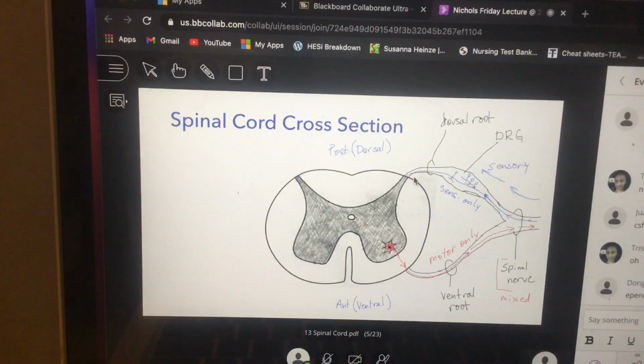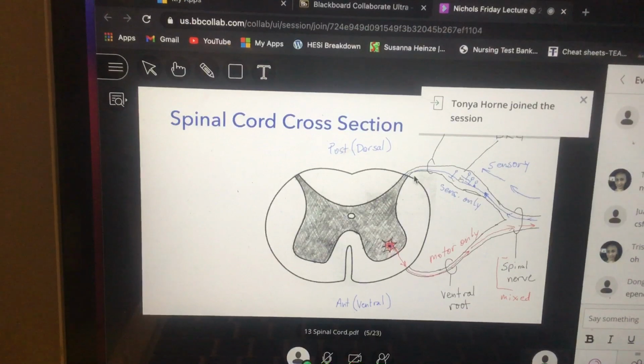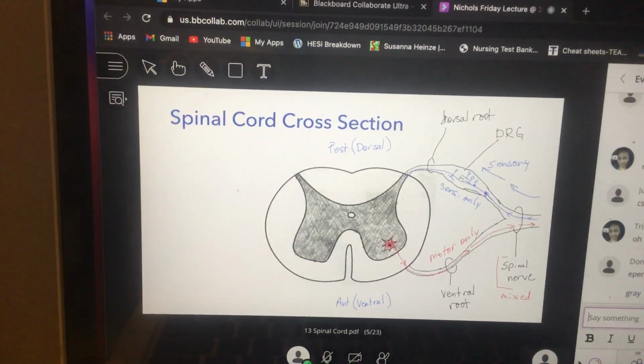If this is a cluster of cell bodies right here, this DRG, what kind of matter would it be? Gray or white? Would it be gray matter or white matter if you look at a cross section of that dorsal root ganglion? It's going to be gray. Yeah, it's going to be mostly gray matter. There will be some axons coming through there, but it's going to have a lot of soma.